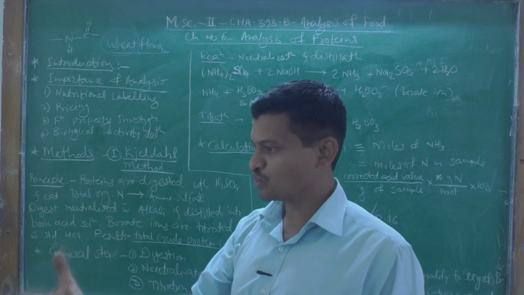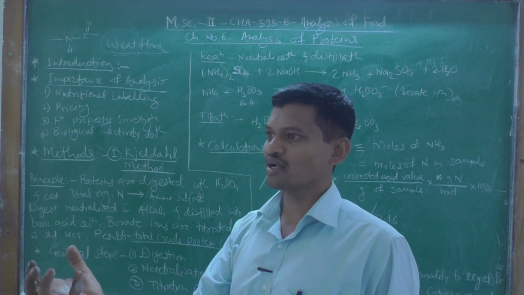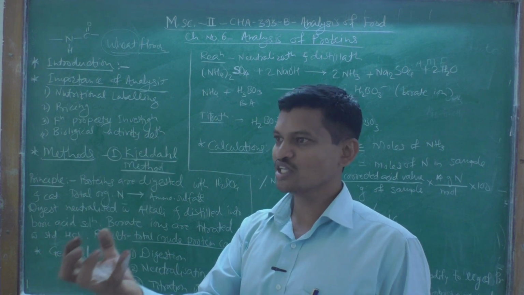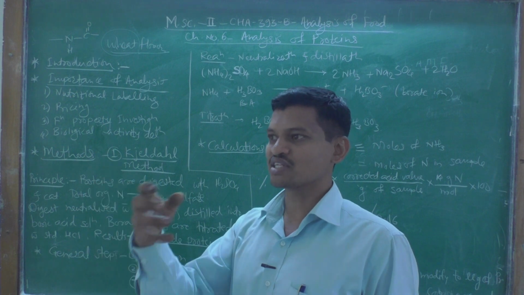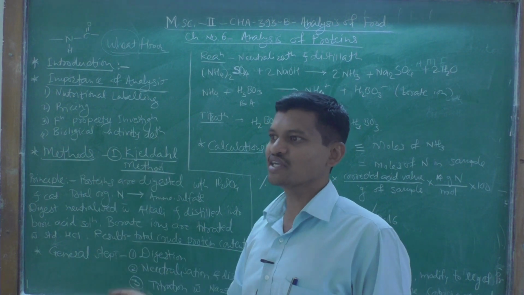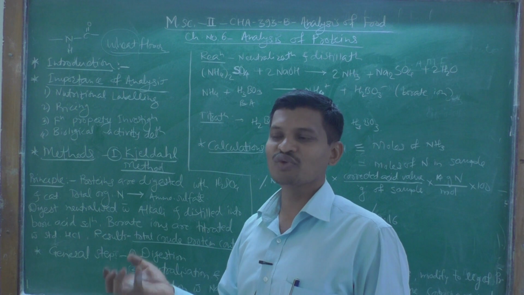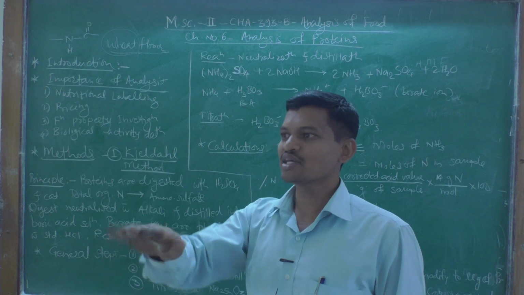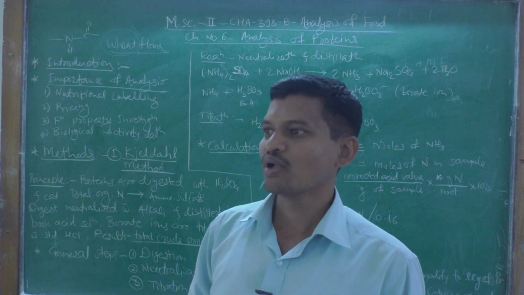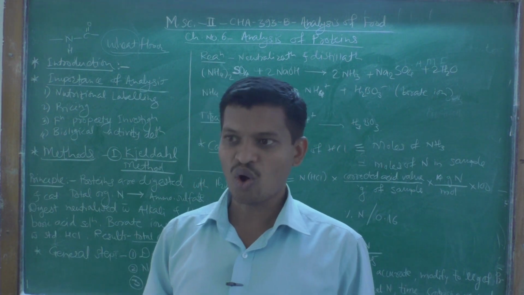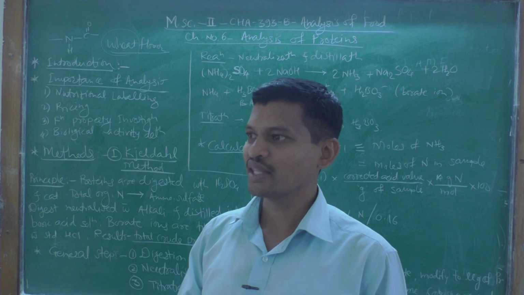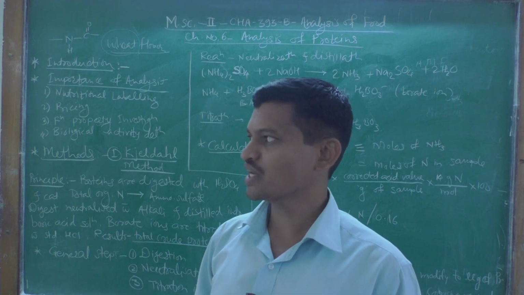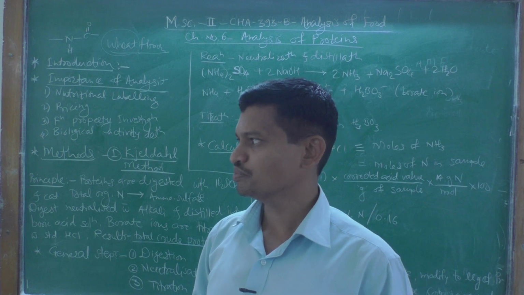So whatever protein content is in our food sample, when it is reacted with concentrated sulfuric acid and heated, that protein content is converted into organic nitrogen. And this process is done in the presence of a catalyst. Different catalysts can be used here.